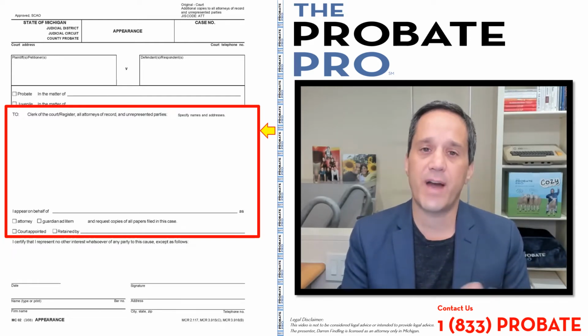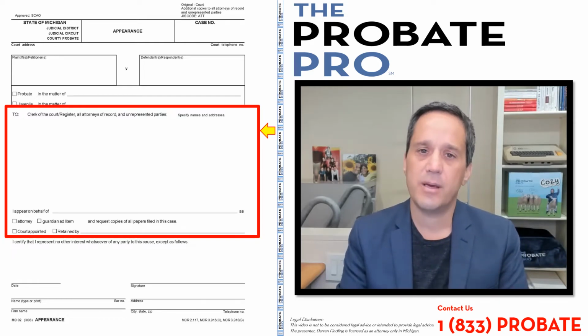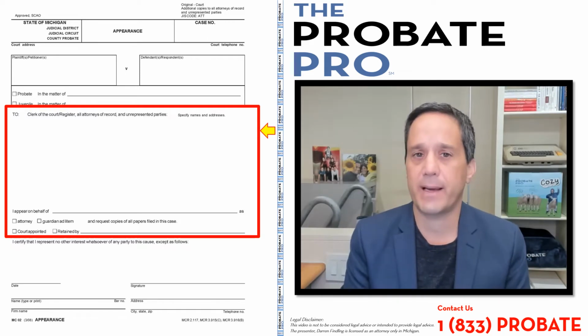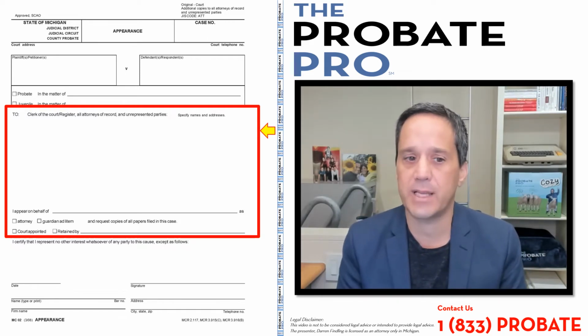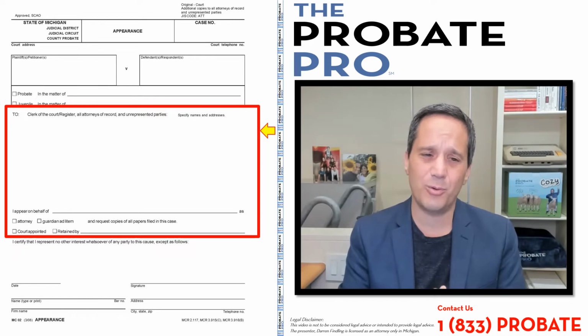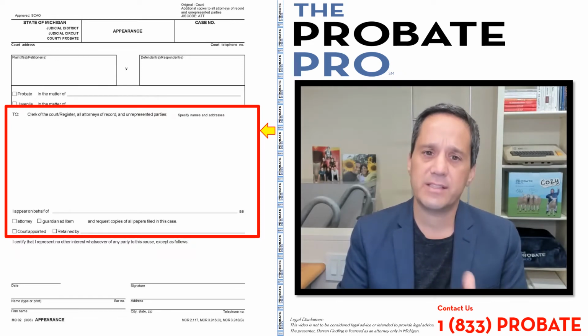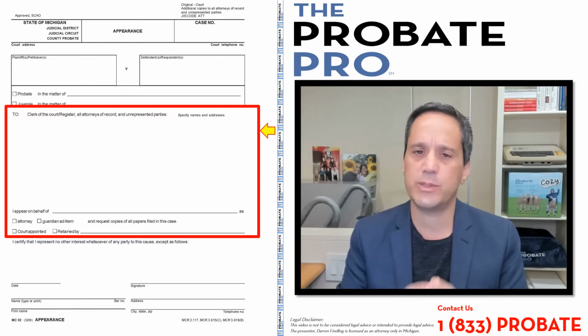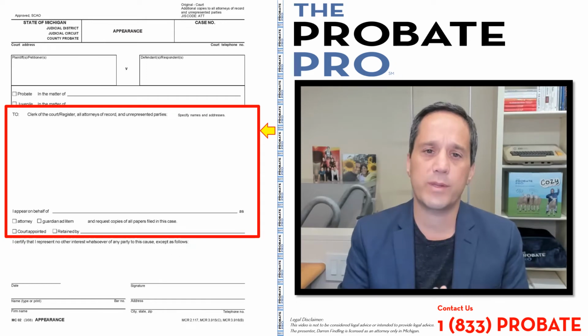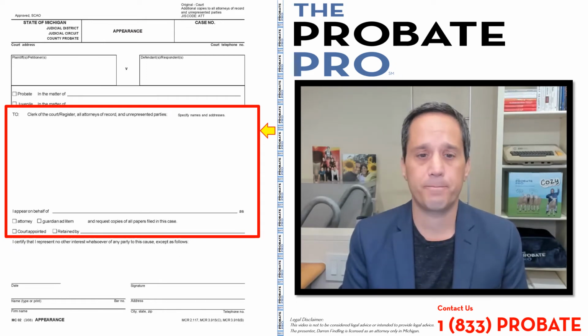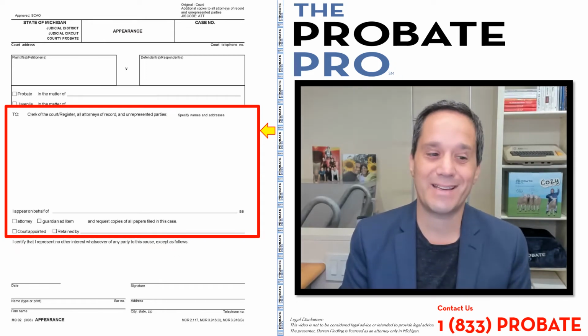So you're going to identify those people there and list both the people that are represented by counsel as well as the unrepresented parties. So it's really important that you complete this section carefully, understanding the statutes and court rules that apply. And again, with all of these SCAO forms, we strongly recommend that you work with a skilled, competent probate lawyer, if of course it's in the probate context.